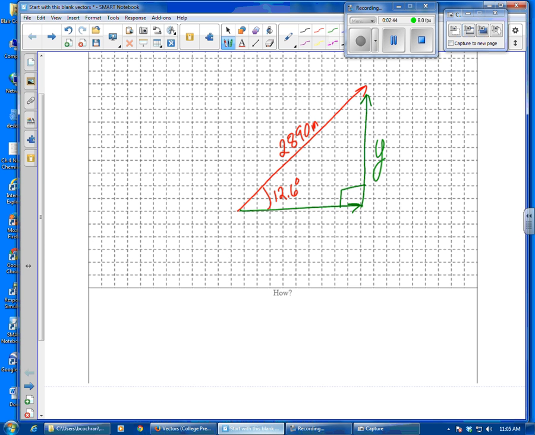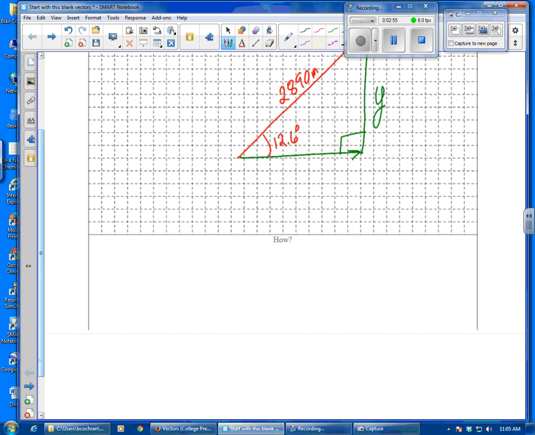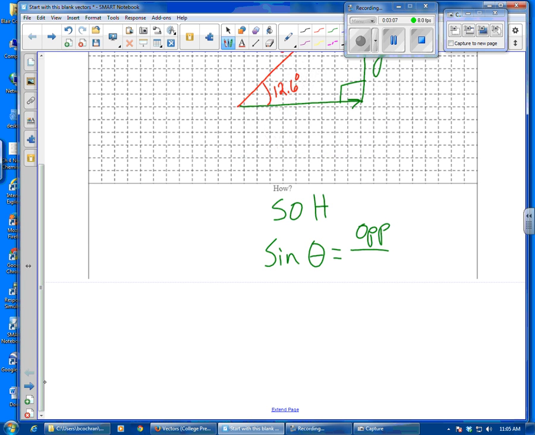Do I know a ratio between opposite, hypotenuse, and angle? I think SOHCAHTOA, because it's a triangle, and I think of SOH, which is sine of the angle equals the opposite over the hypotenuse.